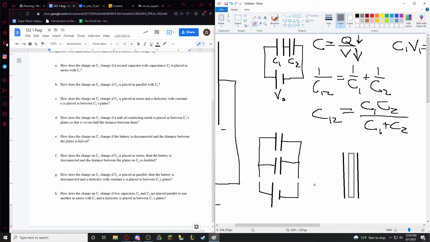Then we're going to disconnect the battery, and the charge still remains the same. And then we're placing a dielectric between C2's plates. Well, C1 still stays the same with the charge, I believe. It's just C2 that has a different change in charge because of the dielectric. Are you sure about that? Not really.